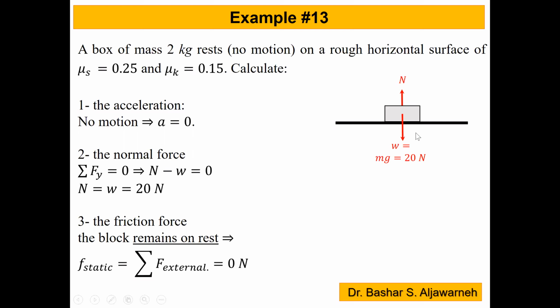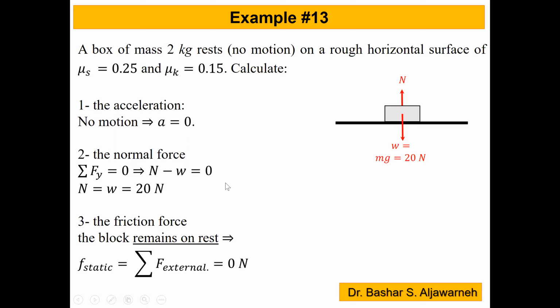Drawing the x and y axis, showing all the forces acting on the system, we have a normal force and we have W. The acceleration here equals 0 since there is no motion. For the normal force, the summation of the forces along the y-axis equals 0, and we get normal force equals the weight, which is 20 Newton.